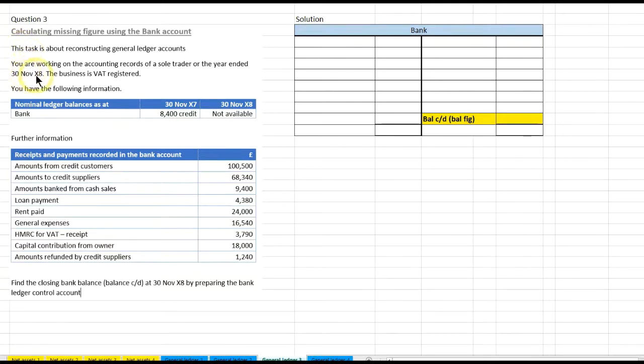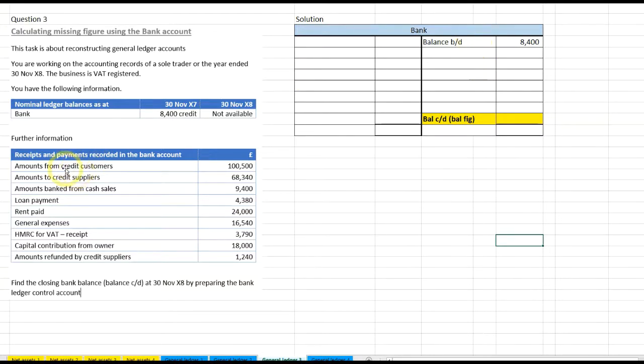We are working on the accounts for the year ended November year 8. And we are told that the closing balance on the bank at the end of the previous year, X7, was 8,400 in credit. So that's going to be up here. That's my balance brought down from the previous year.